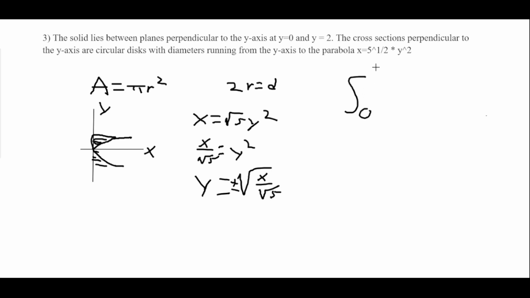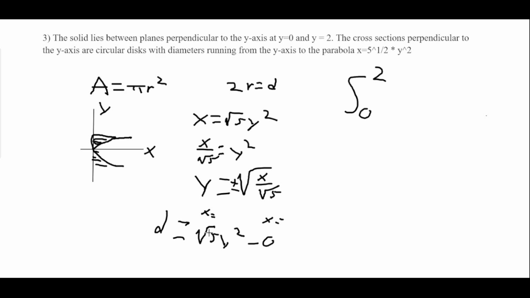So 0 to 2. And its diameter: we know the diameter is root 5 y squared, minus 0, because this is the function, and this is the y-axis. When you subtract that, you get the diameter, since its diameters are running from the y-axis to the parabola.